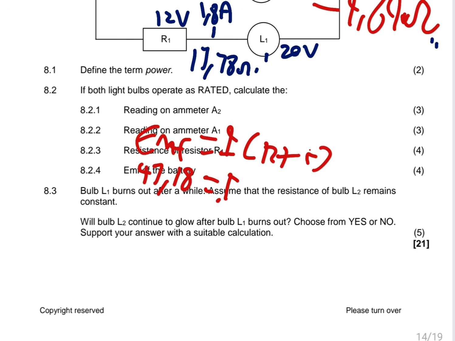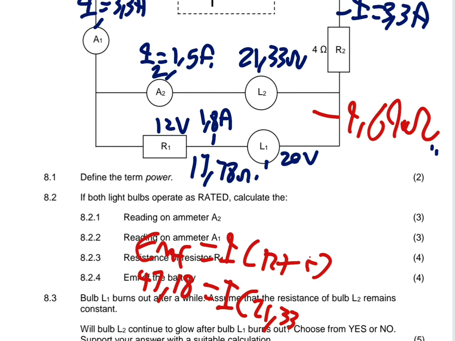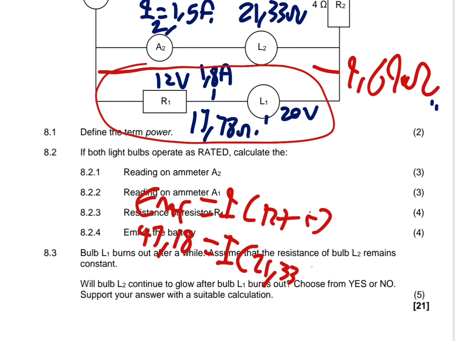And then looking for I, we have R, which is 21,33. Remember, now this whole part is gone, so we are left with L2. That means L2 and R2 are now in series. So plus 4 and then plus the internal resistance, which is 0.6.